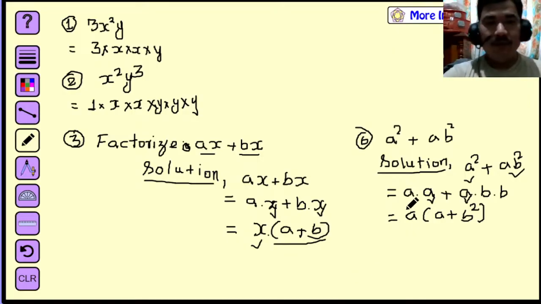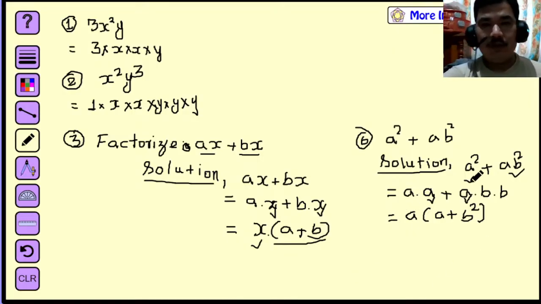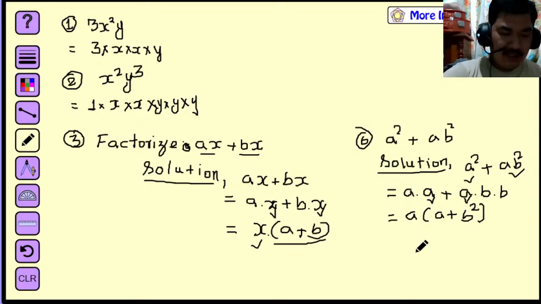Now look here, children. For ease, I want to show you another example also. Look here, I am going to show you C number.